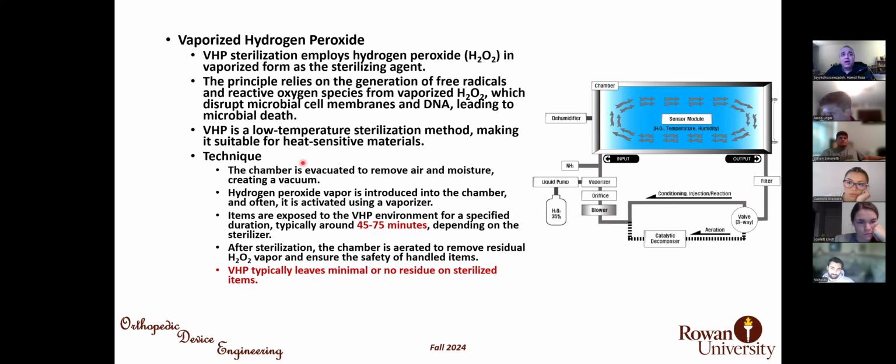We can use hydrogen peroxide. Hydrogen peroxide, when vaporized, can produce oxygen radicals, and these oxygen radicals will damage the cell DNA. So the bacteria and viruses can be damaged.